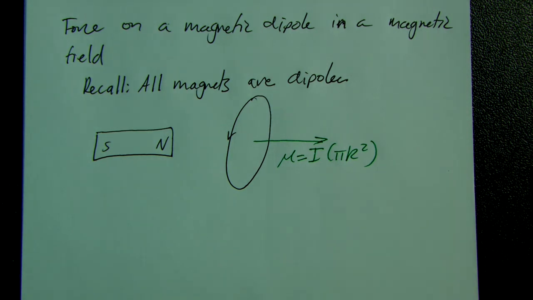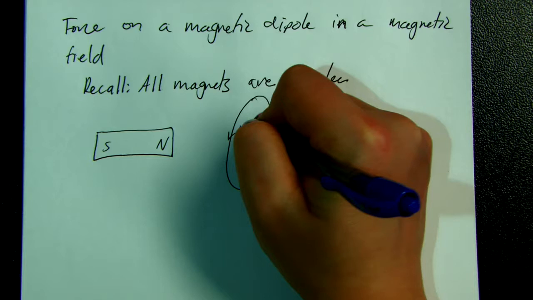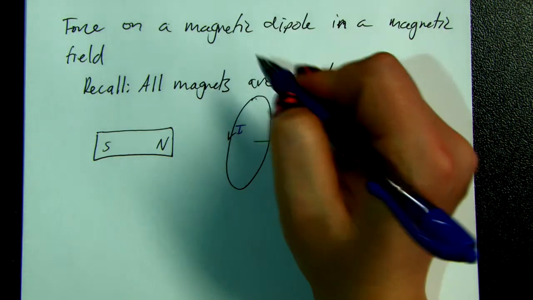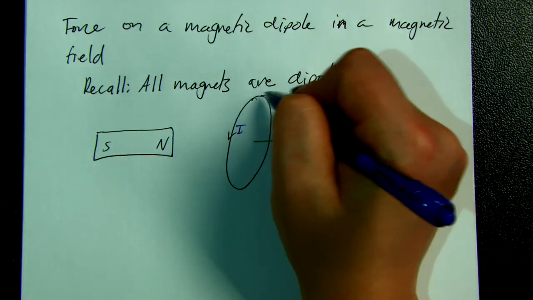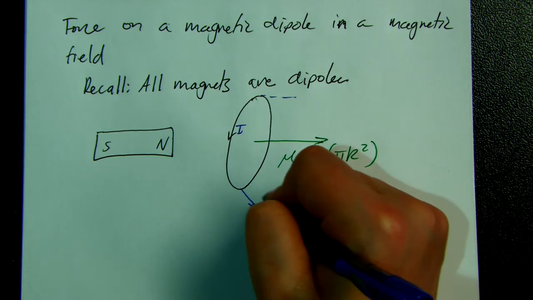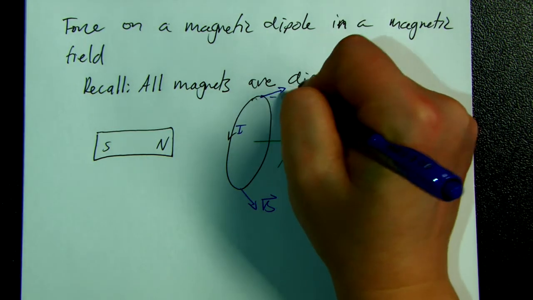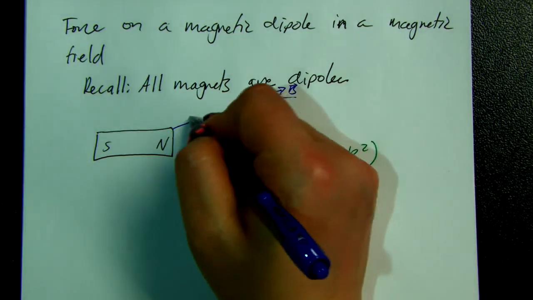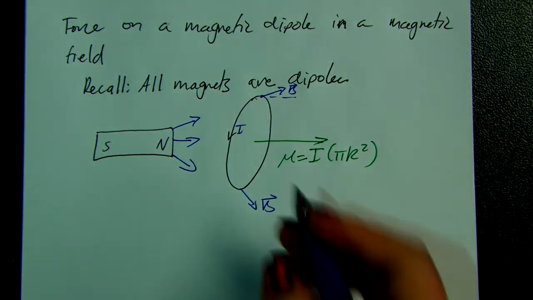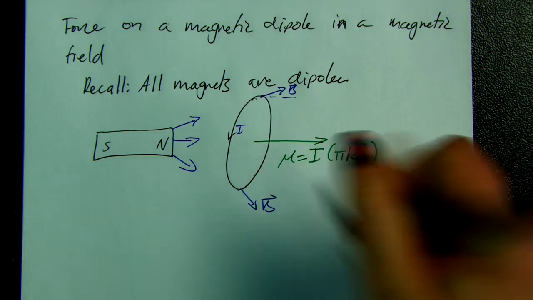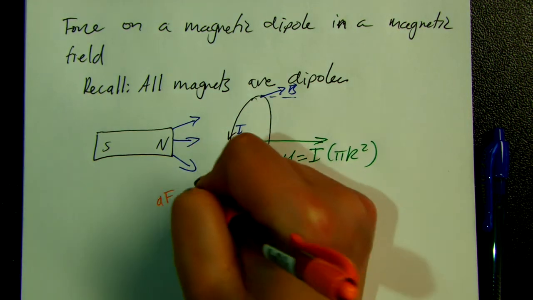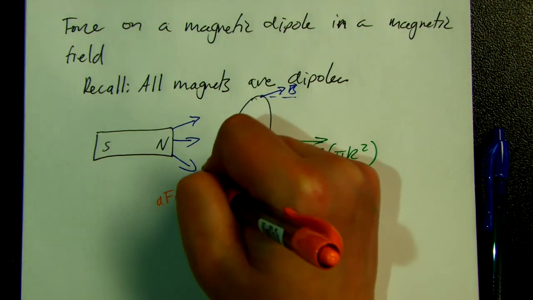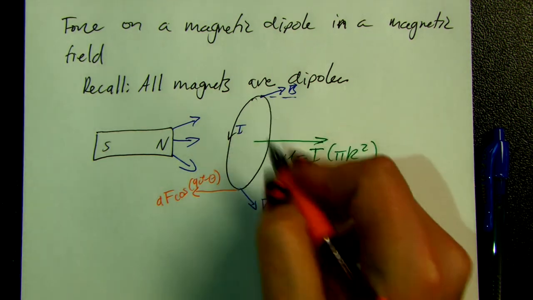So we want to think about the force on that current carrying loop. I'm going to draw a couple of things on this loop, and we're going to build towards each of them. All right, so current I is in this direction, and then we have the magnetic field here, and then we're going to have, as we will see, dF cosine of 90 minus theta.